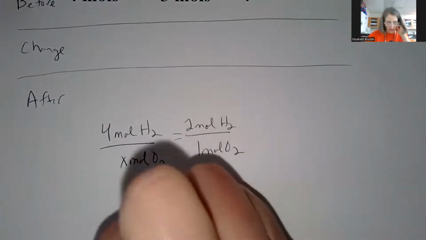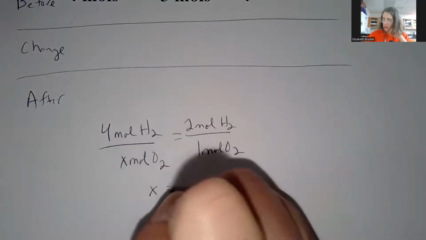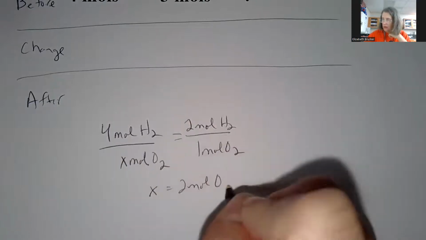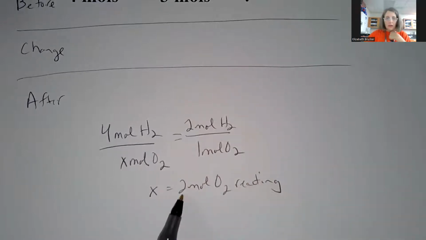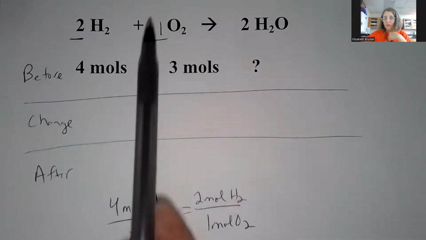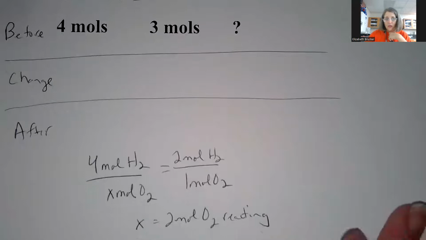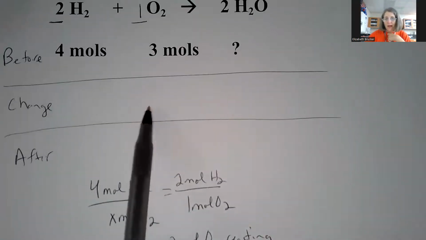I end up with only 2 moles of oxygen reacting, because I had 4 moles of hydrogen, which means I only need 2 moles of oxygen to react with that. So that's really how much is changing with the oxygen.